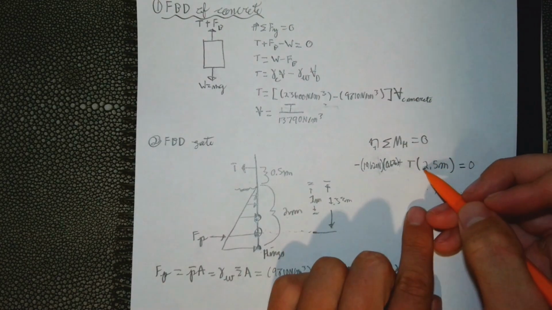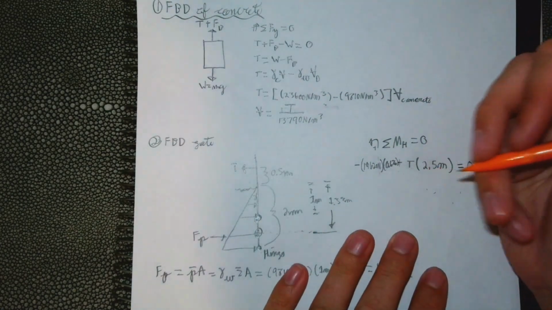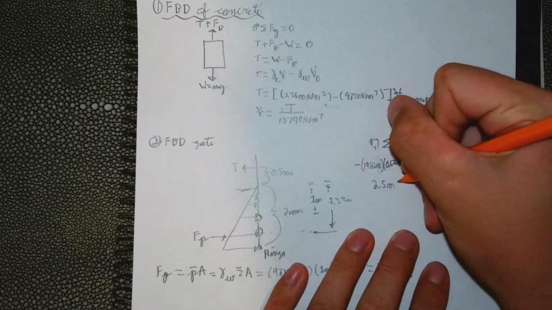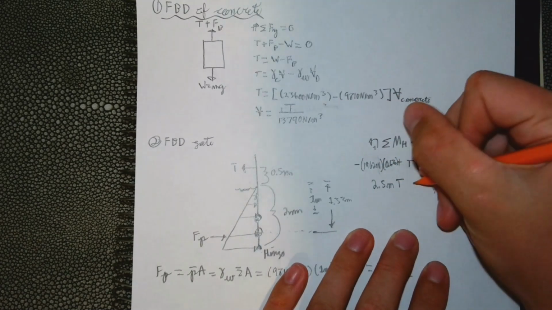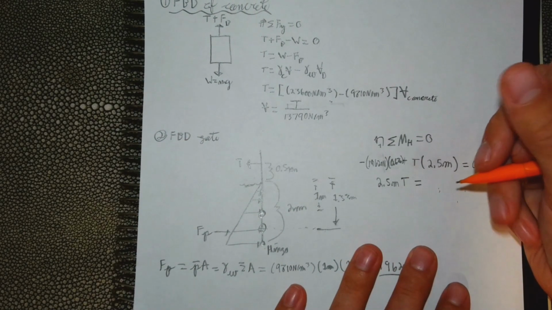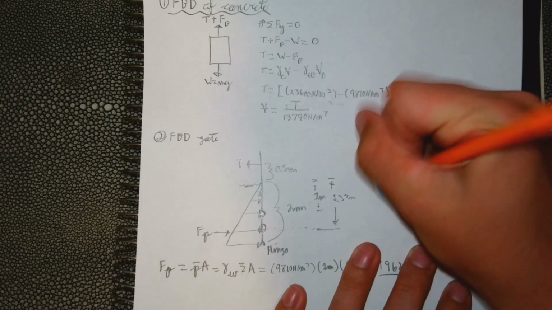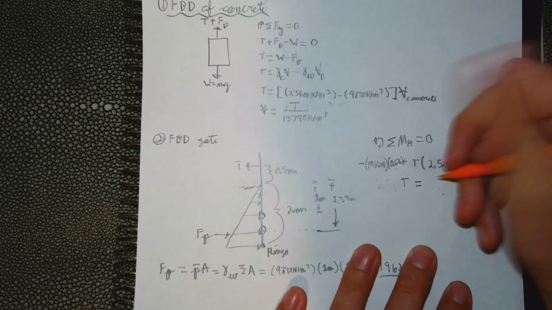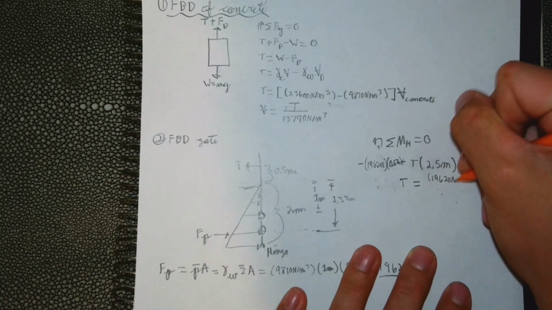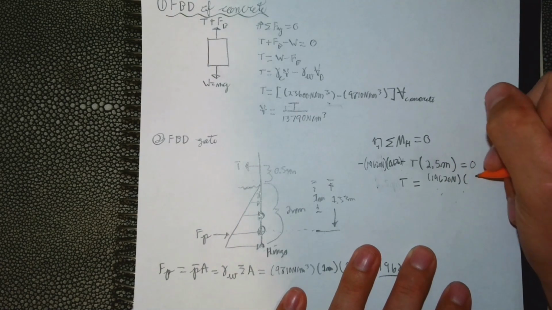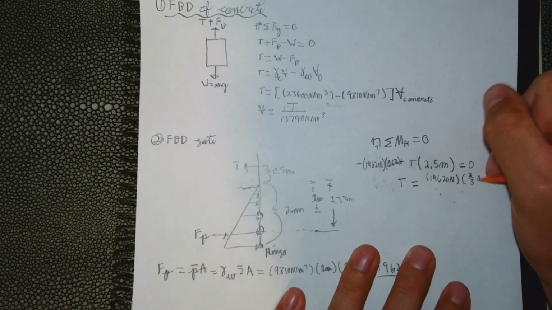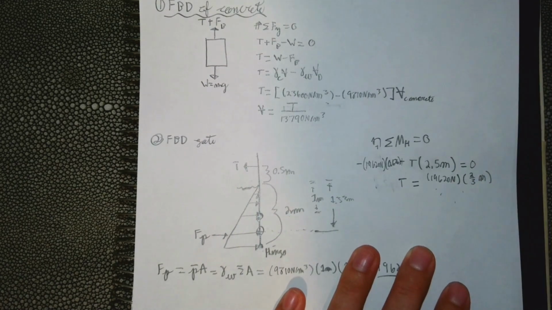And then now we can solve for tension. So 2.5 meters times tension equals, let's do this, tension equals 19,620 newtons over 2/3. 2/3 is equivalent to 0.67 meters.